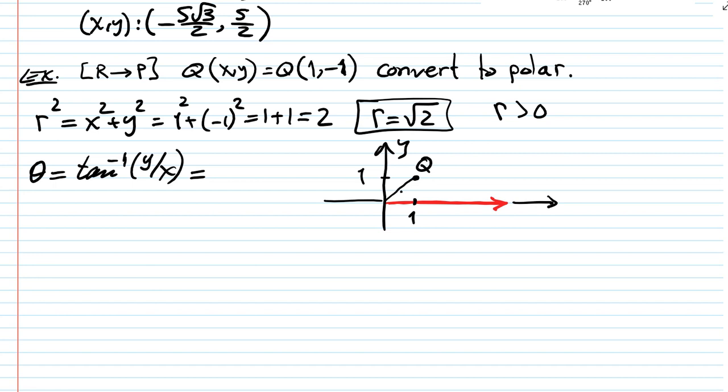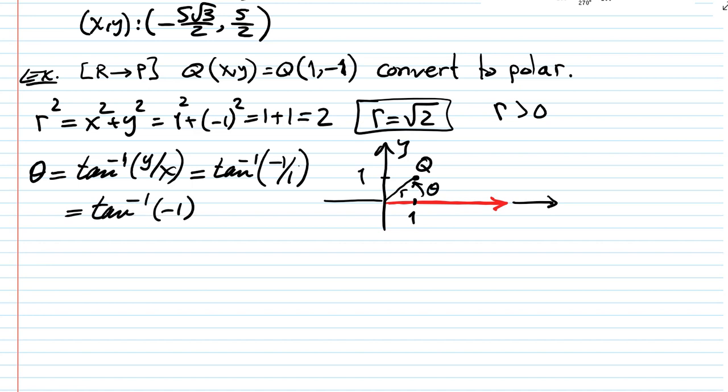So we need to find R, and this is what we just found. We found that to be square root of 2. The measure of angle theta. It's because Q is in first quadrant, so I don't need to adjust for the arctangent. Okay, so this is going to be arctan of y over x, 1 over 1.